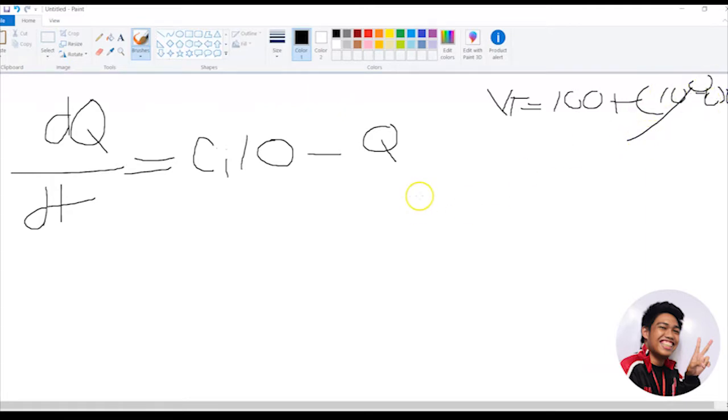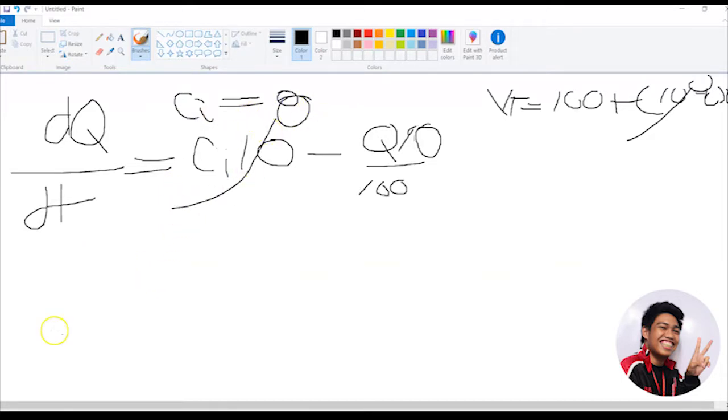The flow rate terms cancel, so V total will be 100, times 10, which is the volume flow rate out. Then our initial concentration is 0 since pure water is flowing into the tank. This part will be 0.